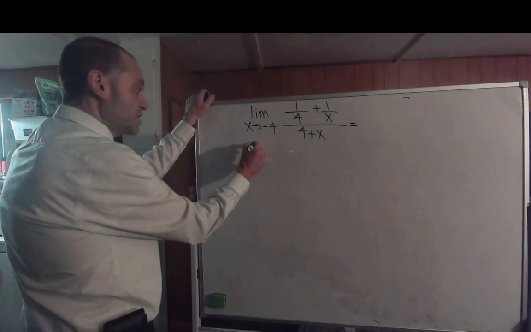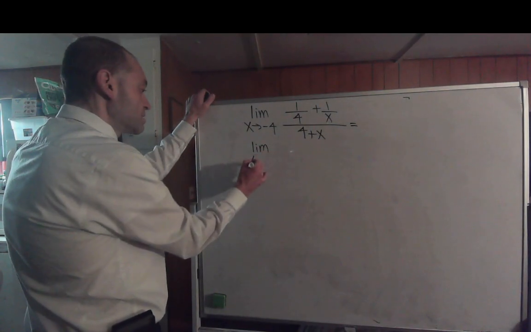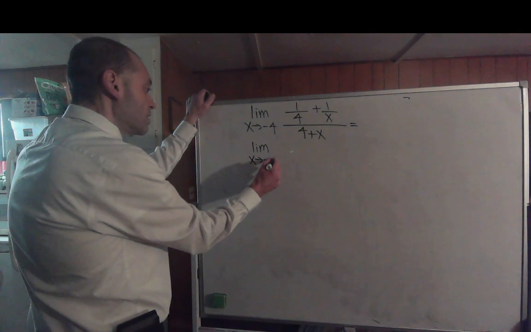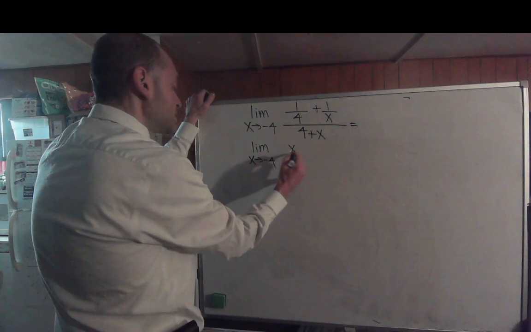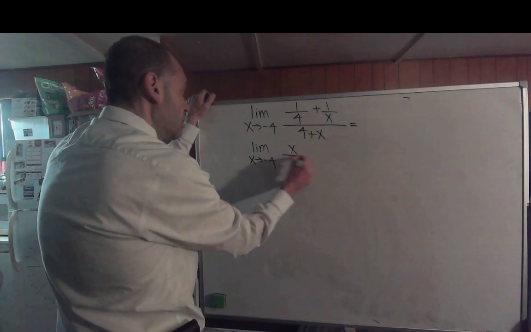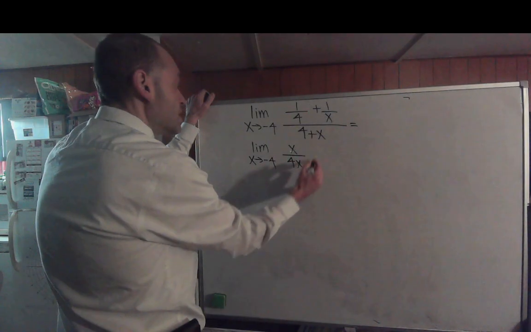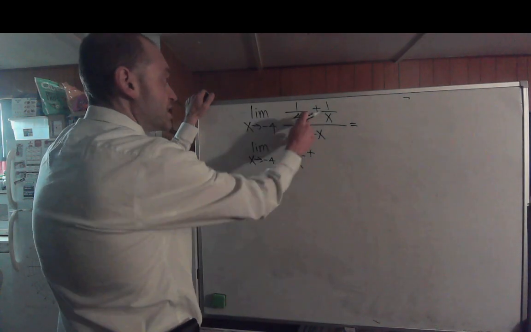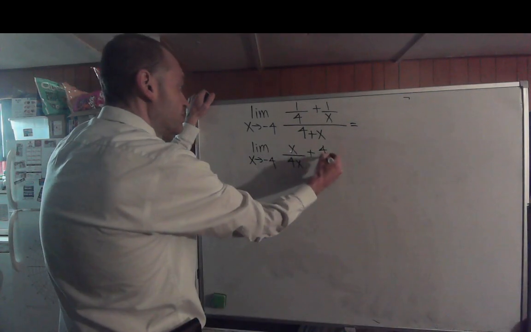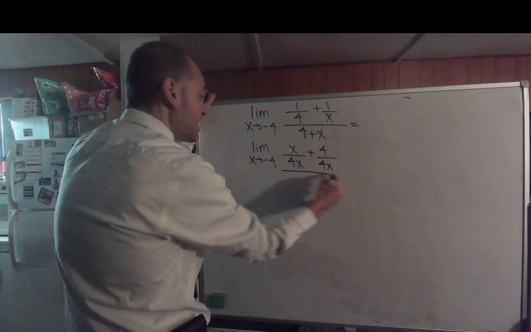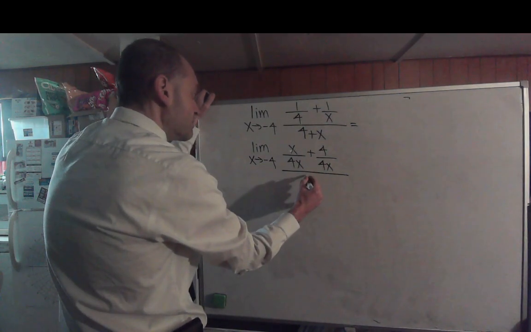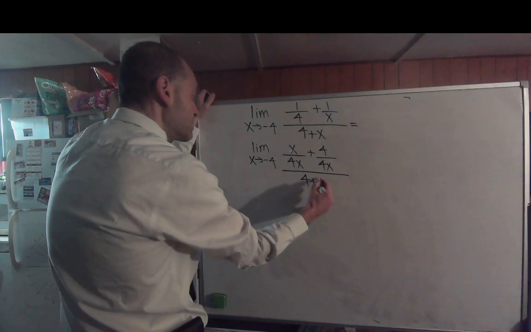So this would turn into the limit as x approaches -4. Multiply the first term by x, this would give you x over 4x. Plus, multiply the second term by 4, so plus 4 all over 4x. All that divided by 4 plus x.